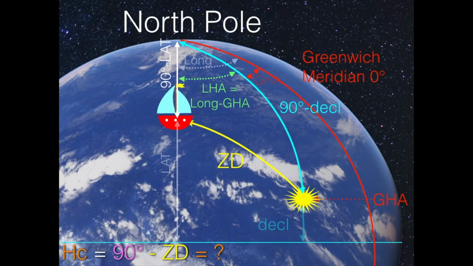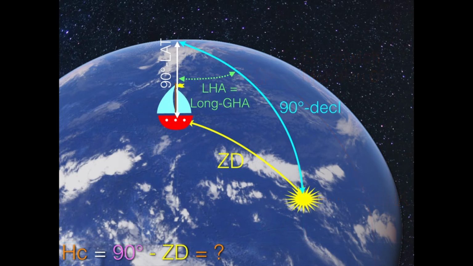So if we now take away all the other lines we don't need anymore, we have a nice triangle now, as I said, with two known sides. The blue side is 90 degrees minus declination, and declination is known, found in the Nautical Almanac. Then we have the white line, which is 90 degrees minus latitude, the latitude we know.